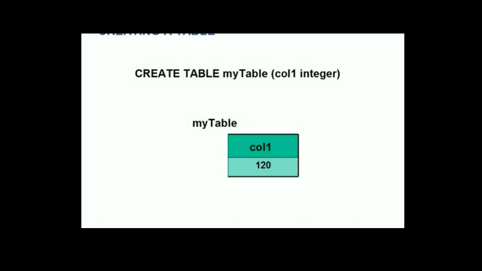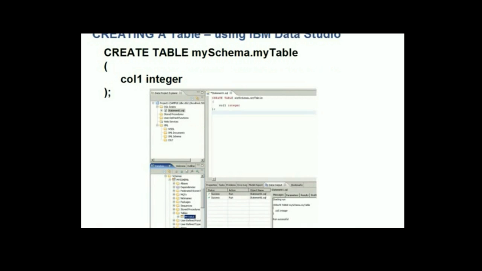This table will accept any integer or null value as a valid value for col1. You can also create a table using the command editor within DB2 Database Management System or using the IBM Data Studio tool. This slide shows you the Data Studio snapshot.